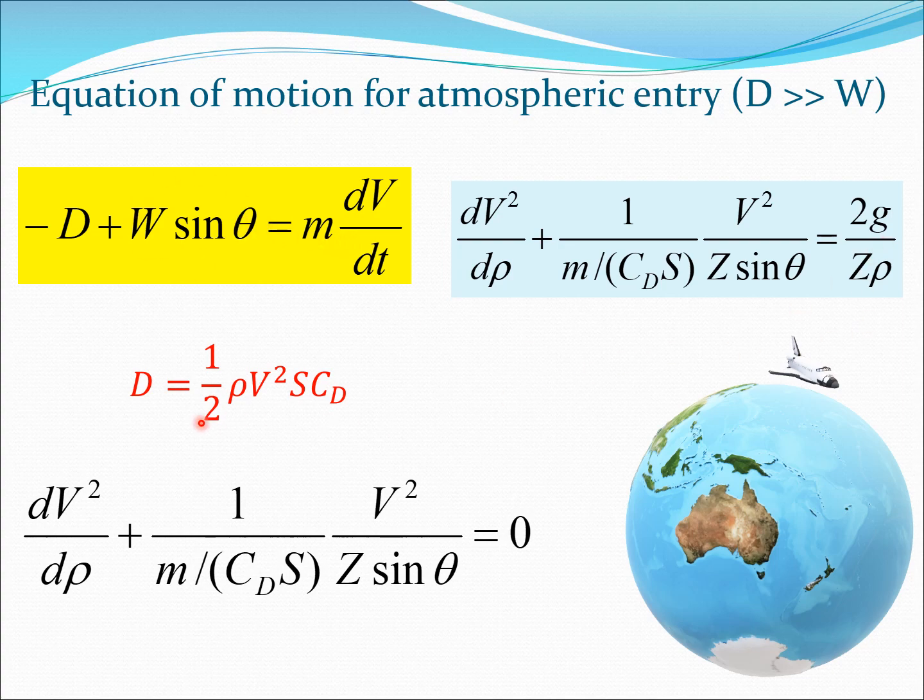Since drag is half rho v squared S CD, the CD term will be the drag term. When you are returning to the earth, you are returning at a very high velocity, typically hypersonic. Because drag is a function of v squared, this term is going to be very large, and therefore drag is going to be much larger than the weight. So we can neglect this g term in this equation and we get this equation here, which we then proceed to solve.